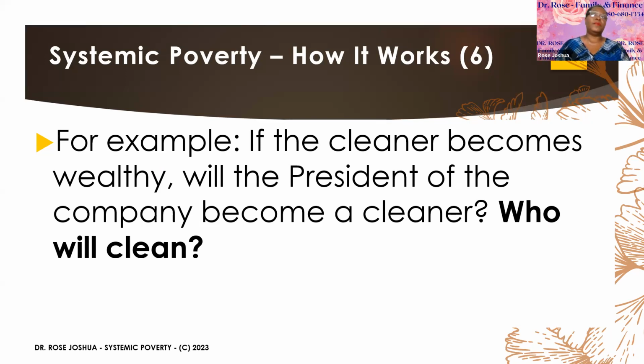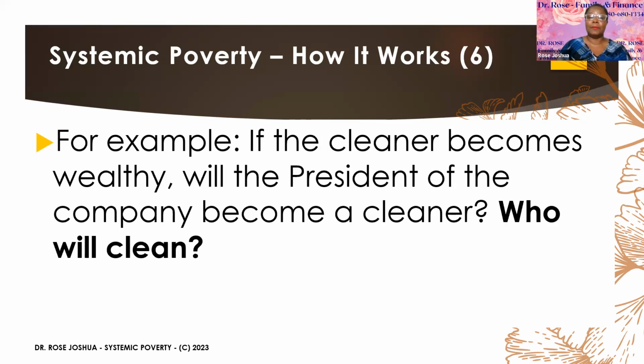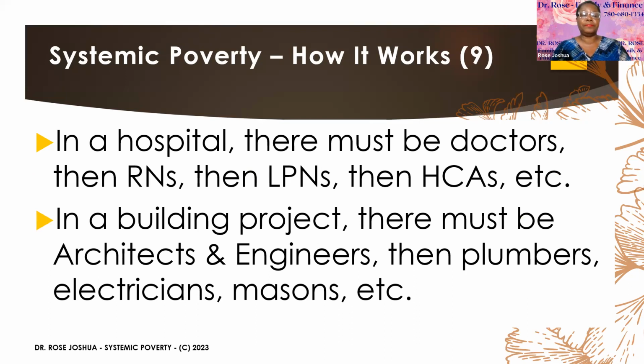So for example, if you have a cleaner in a company, you must have the office staff, admin staff, different levels of management. Now, if the cleaner decides, okay, I win the lottery, is the president now going to be the cleaner? No. They're going to find another cleaner to replace that one. So it's a vicious cycle where somebody's got to be at the bottom.